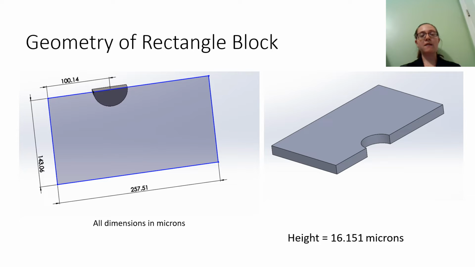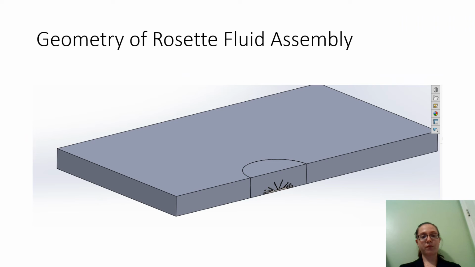Then, outside of the cylindrical block, we had a rectangular block. The overall dimensions of this rectangular block make up the overall dimensions of a rectangular channel, and were said to be about 143 microns wide by 257.5 microns long by a height of 16.151 microns, or the height of 2 rosettes. The center of the rosette was set to be 100 microns from the inlet face.